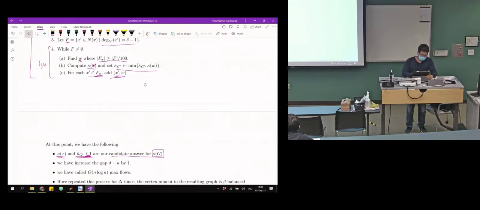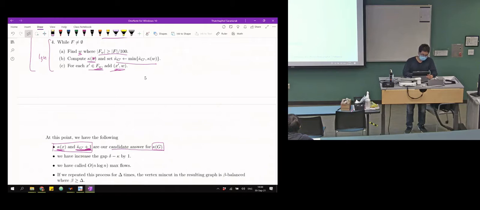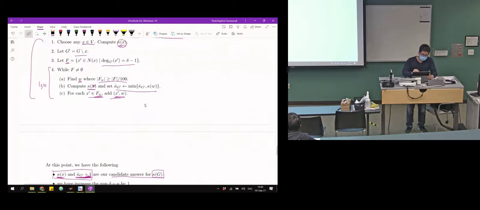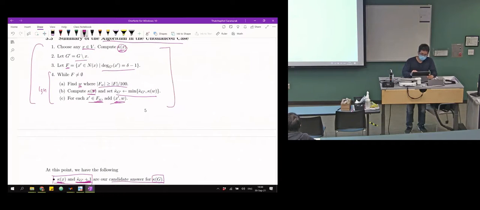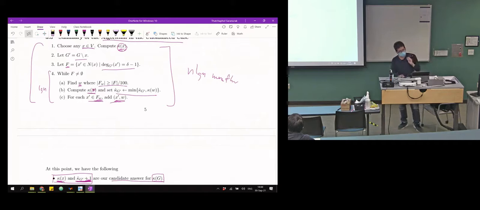So you keep this as your candidate always, but you have increased the gap now by 1. And for all of these steps, you only need something like n log n max flows.